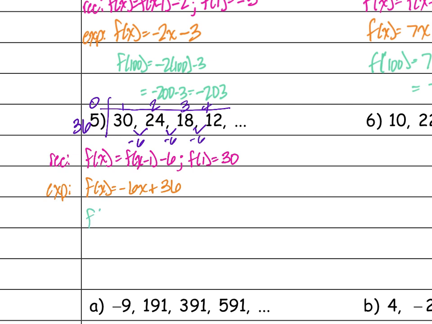And then we want to find f of 100, which is negative 6 times 100 plus 36. Negative 600 plus 36 is going to be negative 564, I think. 564 and 36 is, yeah, that should be it. 564. Okay.